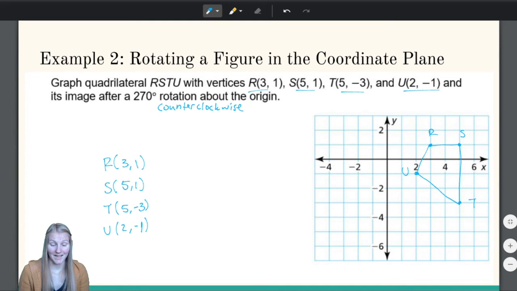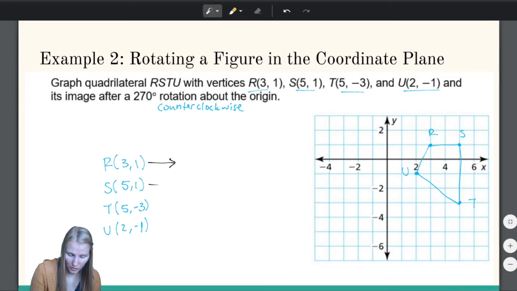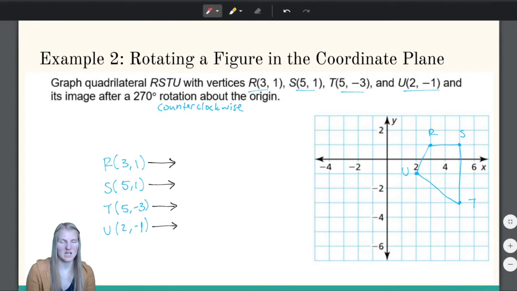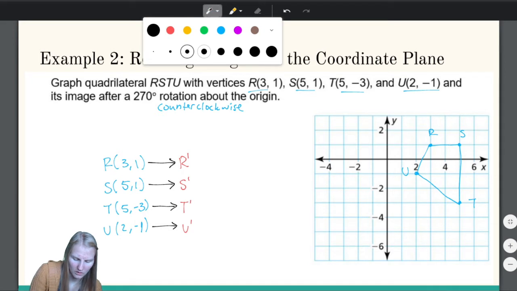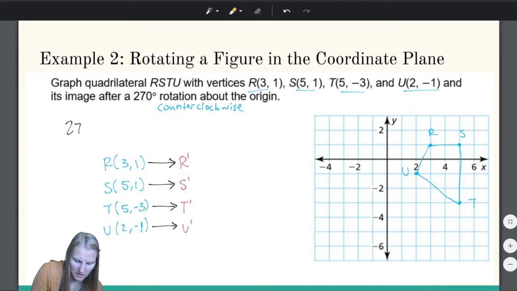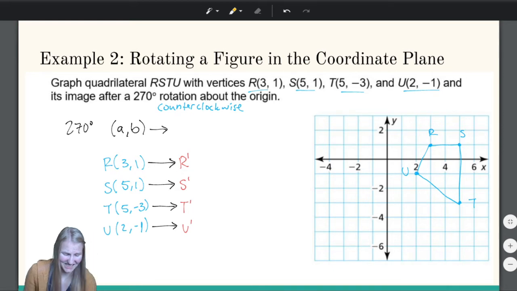Okay, now we want to map this, or to transform it, 270 degrees counterclockwise. So we want to find our R prime, S prime, T prime, and U prime. Now, what was the rule for 270 degrees? I took A, B, and then how did I change them?